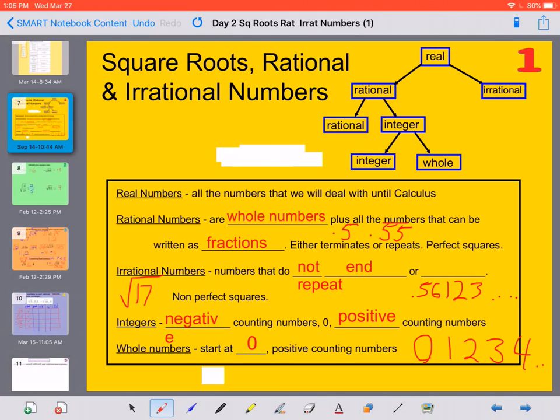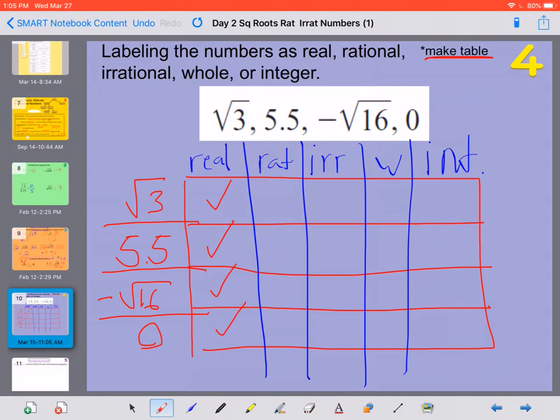Rational. Rational numbers are whole numbers plus all the numbers that can be written as fractions. They either terminate or repeat, or they're perfect squares. So 5.5, that terminates. That's a rational number. The square root of 3 is not a perfect square, so it can't be rational. 16 is a perfect square, so that can be rational.